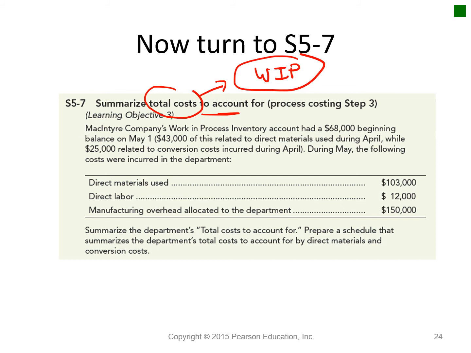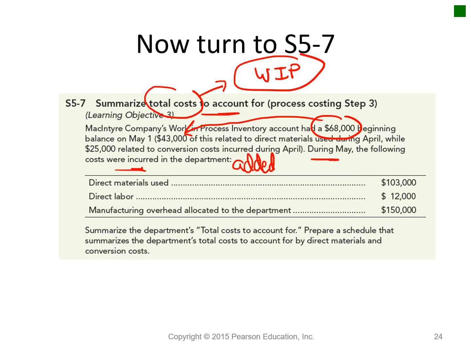So in this problem, it says McIntyre Company's work in process account had a $68,000 beginning balance. That was May 1st. They actually break it down. They told you that of this 68, 43 of it is direct materials and 25 of it would be your conversion. And then they tell you that during the month of May, the following costs were incurred. Also think of these as the costs that were added.